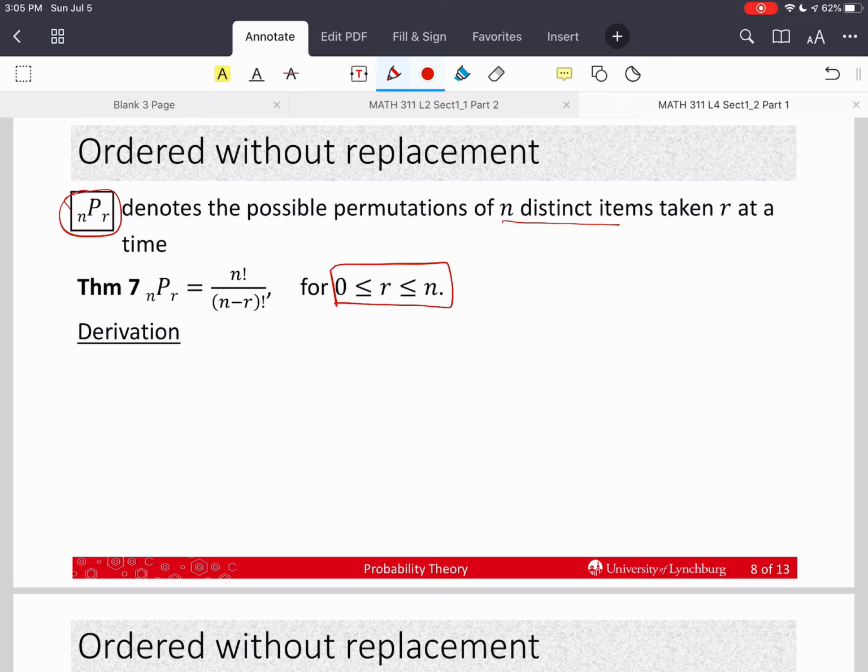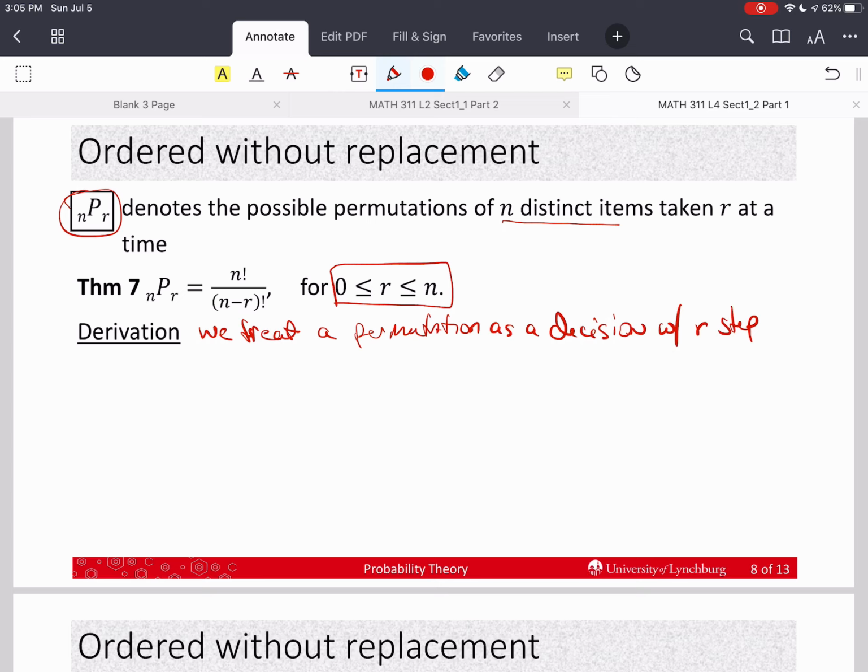So for this derivation, we treat a permutation as a decision with R steps. This is my abbreviation for with.